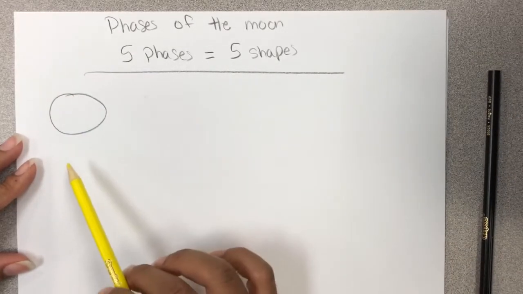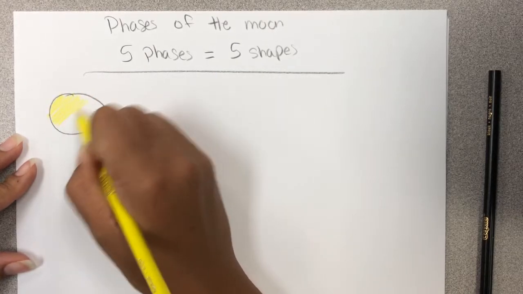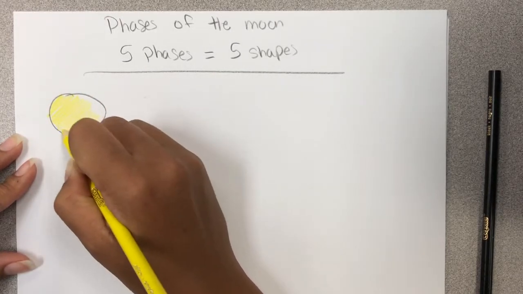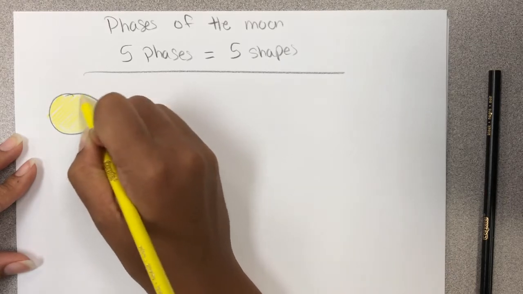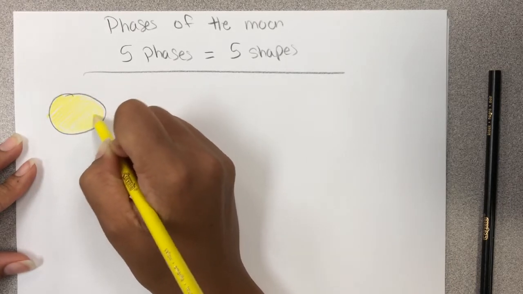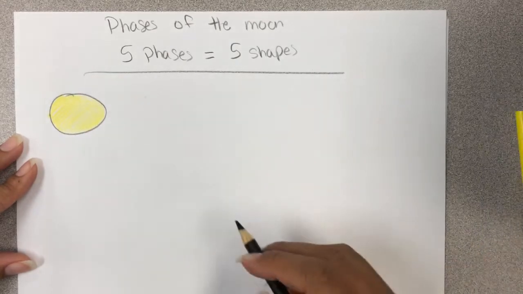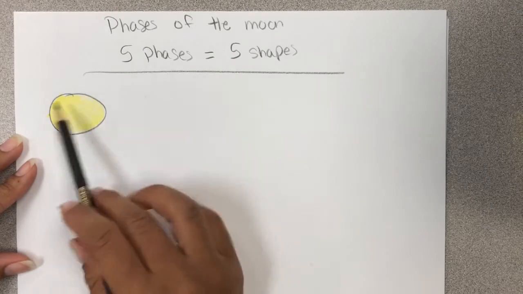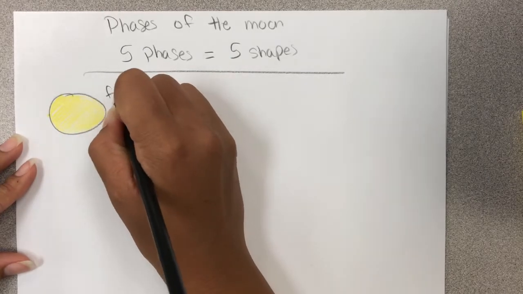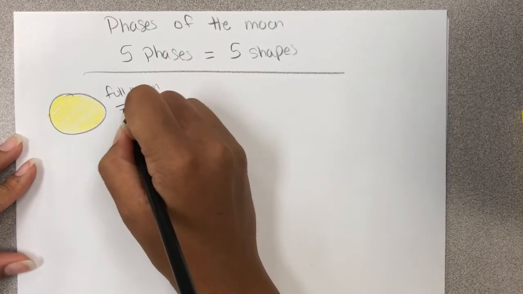Now, I know that's not a perfect circle, and that's okay. I'm going to color it in with yellow to represent sunlight. If I had black paper, I could use a white colored pencil, but this is a little easier. So when we can see all of the moon, we call that a full moon. It's when we can see all of it.